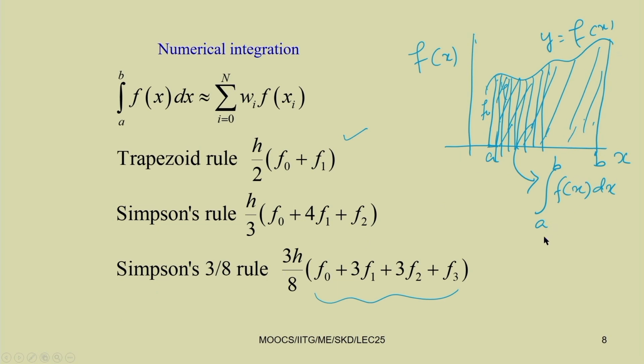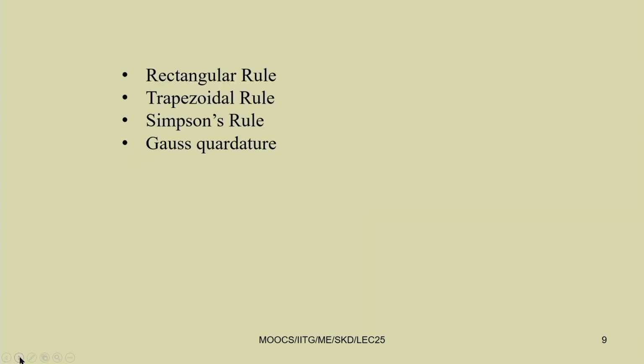That will give the integration from a to b of f x dx. There are several other methods like the Gauss quadrature method, the rectangular rule, trapezoidal rule, Simpson's rule. All these methods you can use to find this integration in MATLAB.